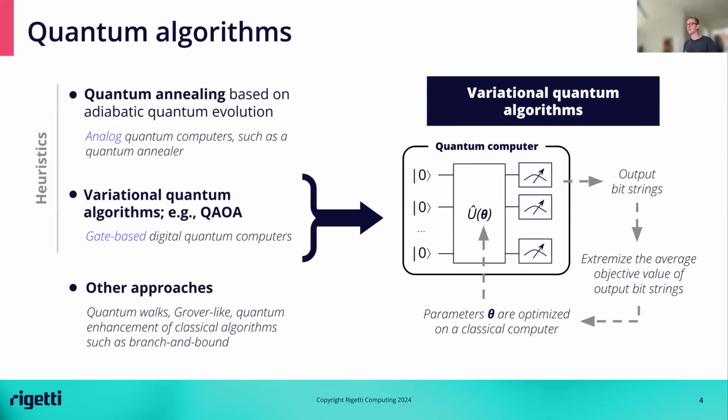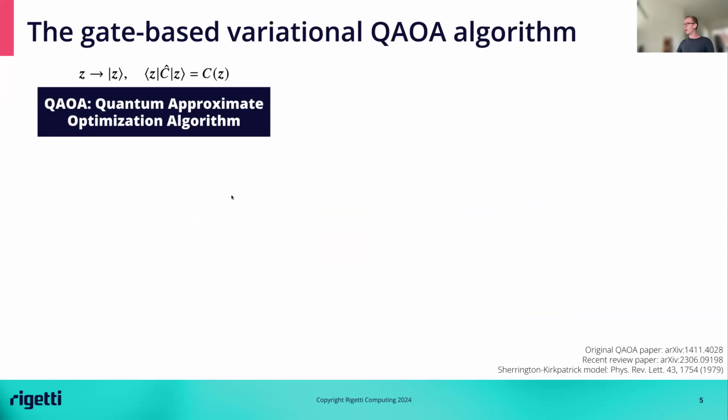And in the context of combinatorial optimization, this job means extremizing, let's say, the average objective value of the output bit strings, where each of them corresponds to a candidate solution to our problem. And so that's the basis of variational quantum algorithms. And QAOA is one of such algorithms.